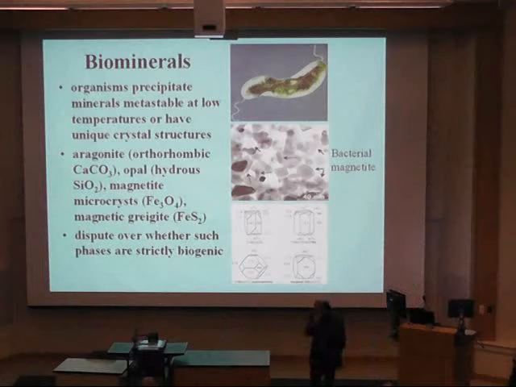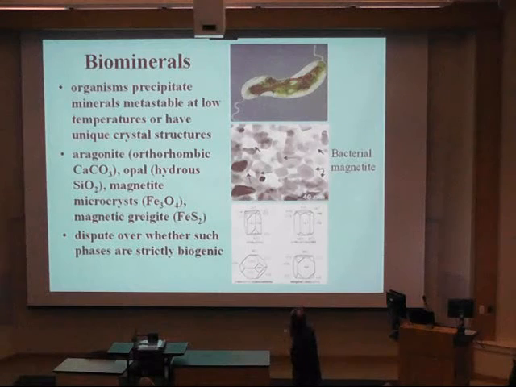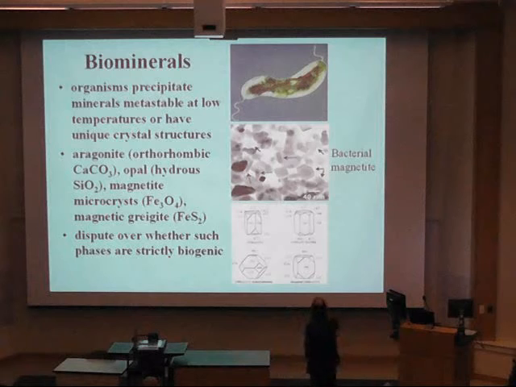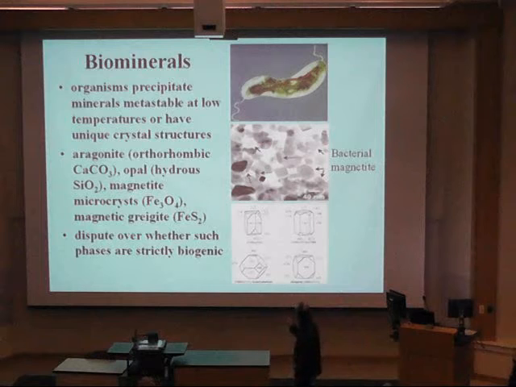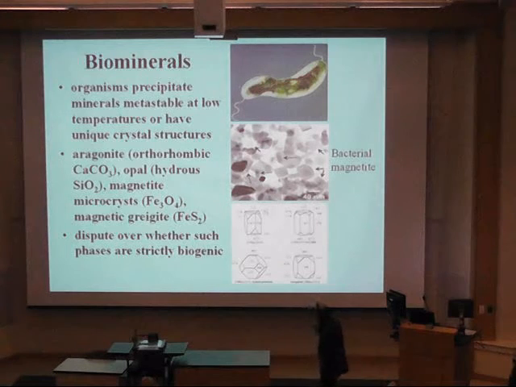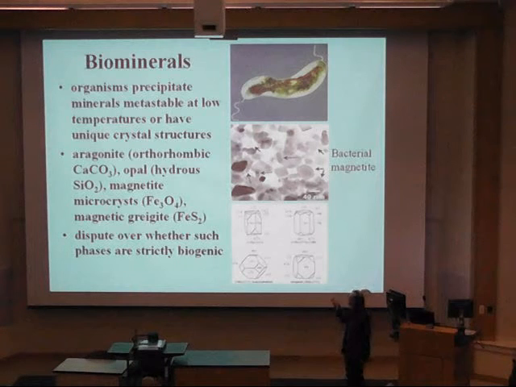Biominerals: we mentioned briefly that some microbes mineralize magnetite, producing chains of magnetite crystals within their cells that have a distinctive morphology. Some other microbes mineralize other minerals.